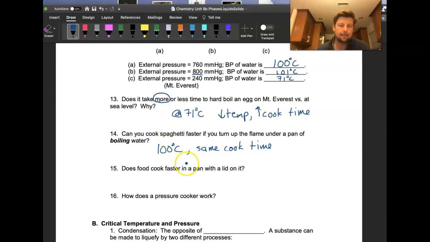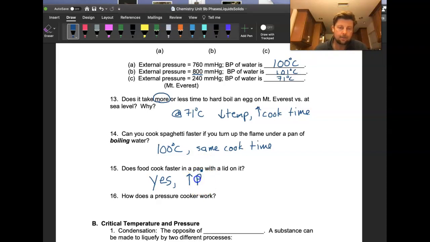Well, what if I put a lid on a pan? Will that cause something to cook faster? And the answer is yes. If I put a lid on it, it's going to slightly increase the pressure inside the pan, because those gas molecules that normally would be escaping are going to be pushing around above the liquid.